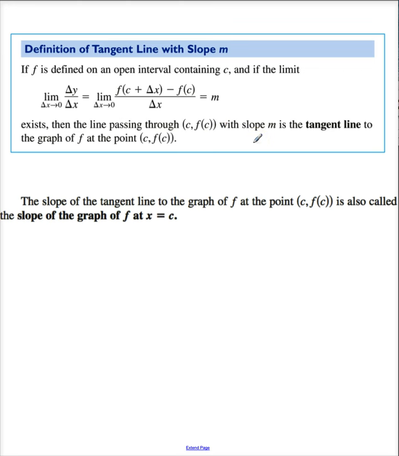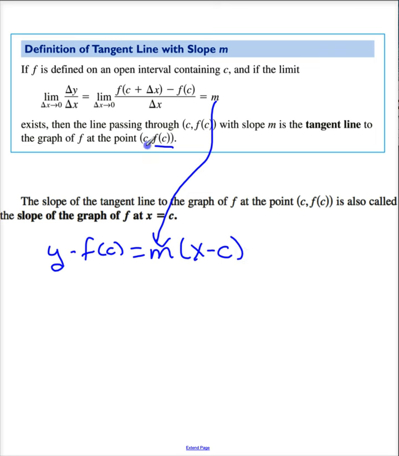And when I ask you for a tangent line, I'm going to want you to give me y minus this point right here, f of c, all I'm using is the point-slope formula, is equal to m, here's my slope, times x minus c. Okay?